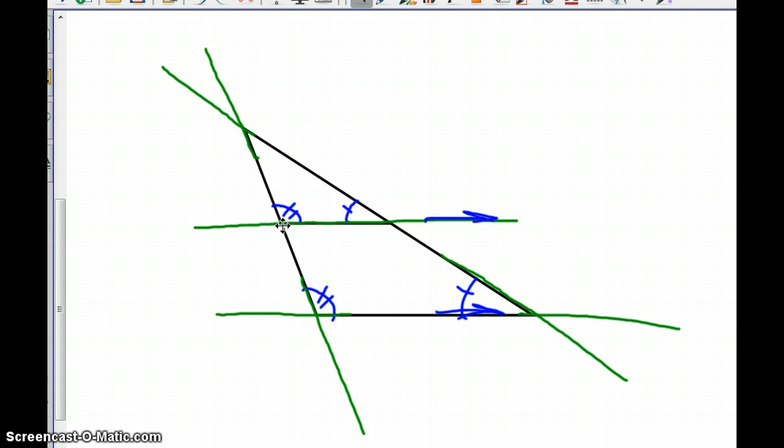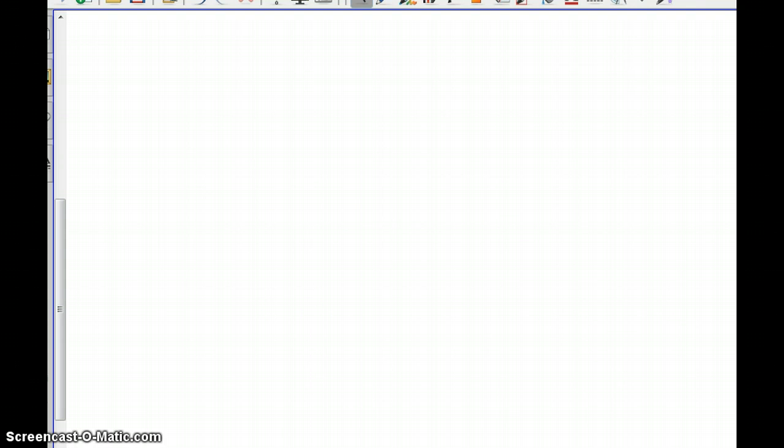So we can tell that this angle and this angle are the same, this angle and this angle. I mean, we can make a lot of assumptions based on the transversals. So keep that in mind when you're doing some of this work.